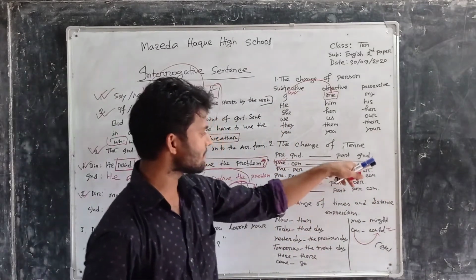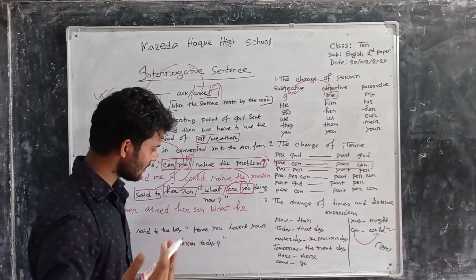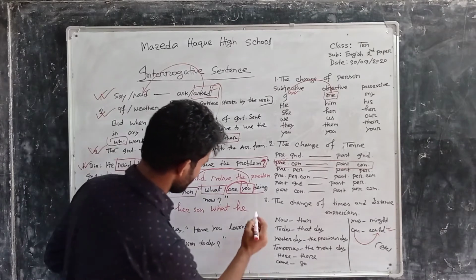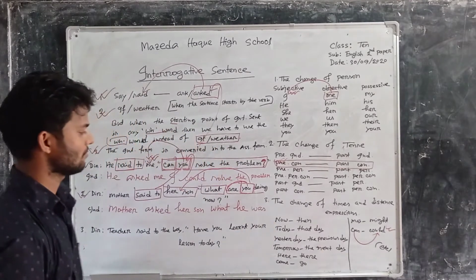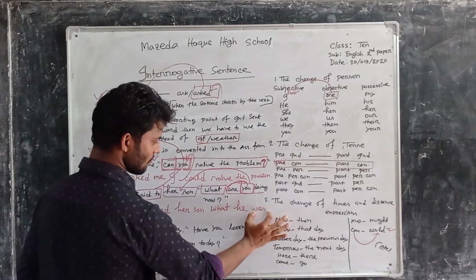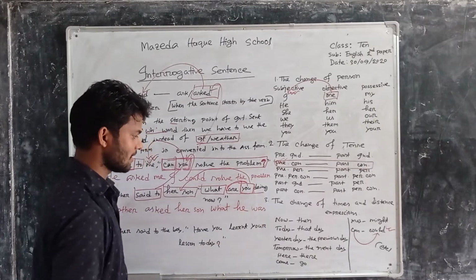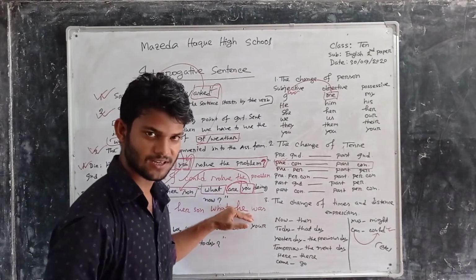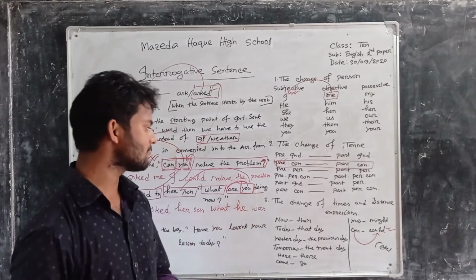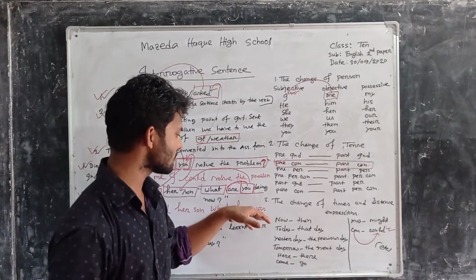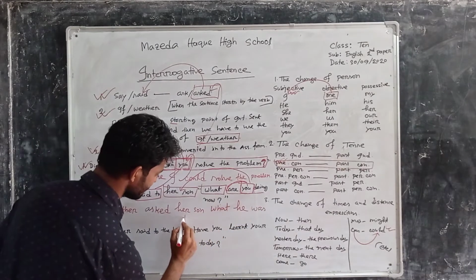So in the past continuous we usually use was after a singular subject like I, he, and with a plural subject we have to use were. Then verb plus ing, doing.